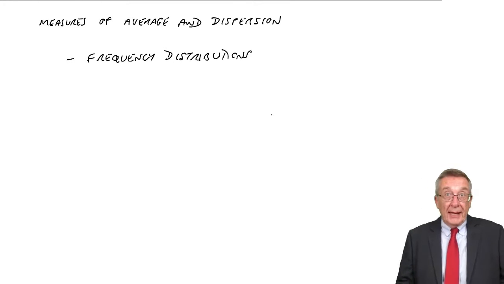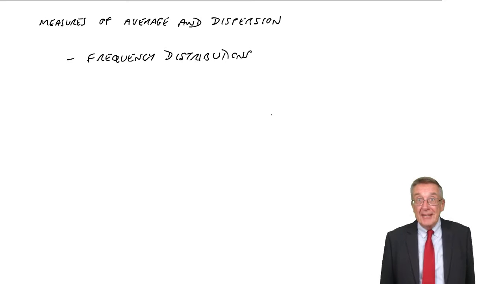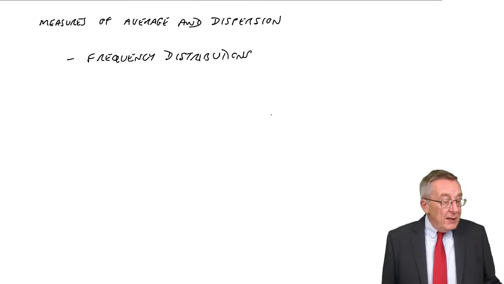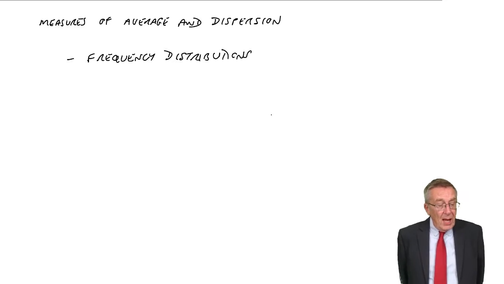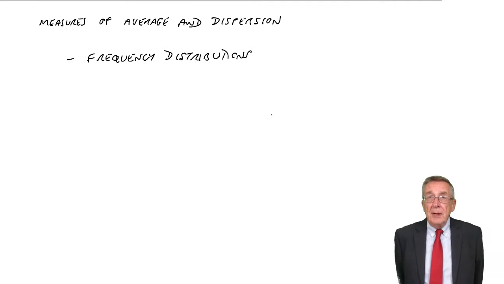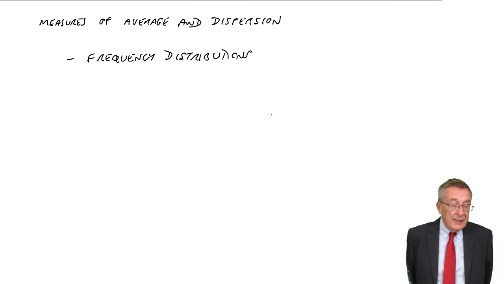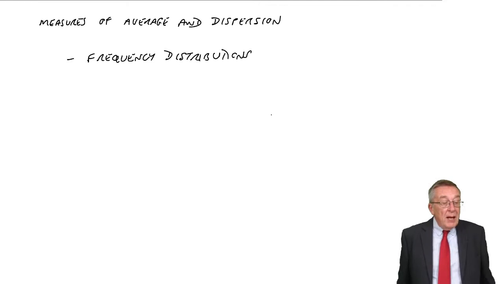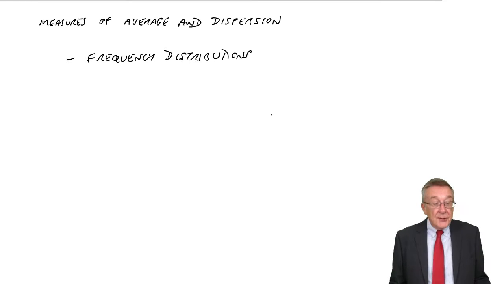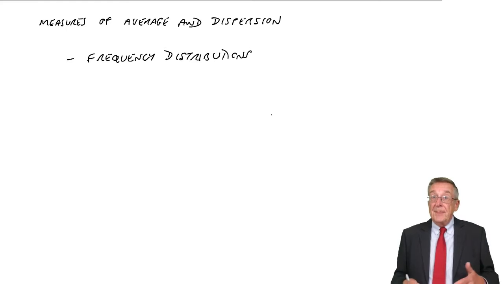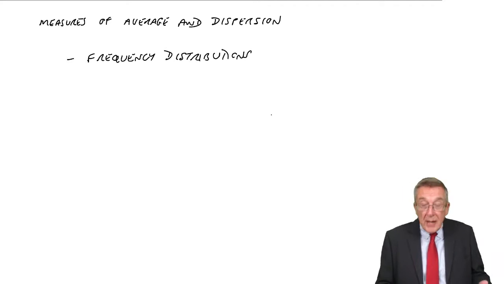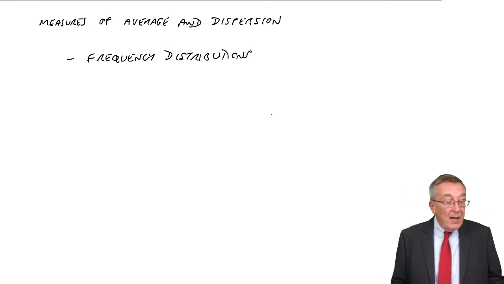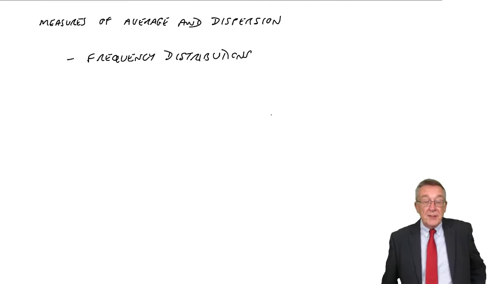Hopefully you've got it in front of you in the notes. You have a table there, I think the same table I used in the previous chapter when we were looking at probabilities. It shows the number of complaints and how many weeks they occurred over the last year, the frequency.